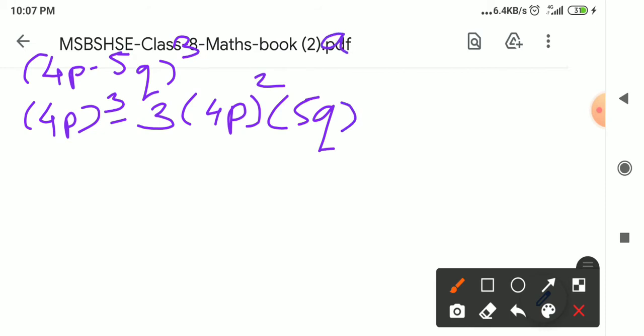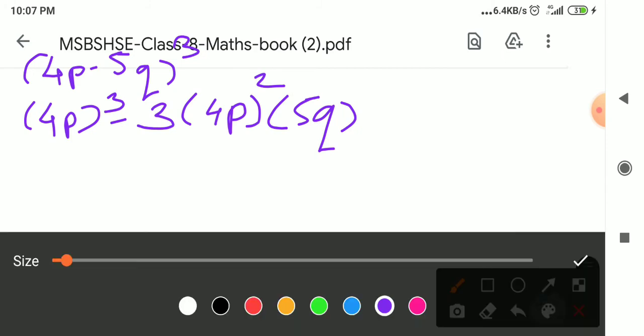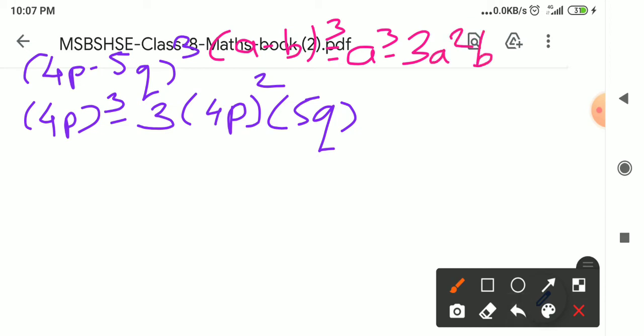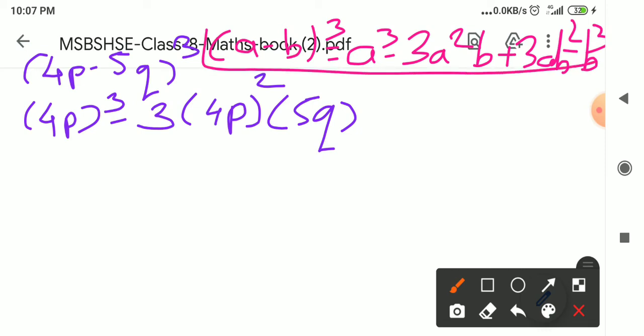I will write it here with different colors so you will understand it. (a minus b) cube is equal to a cube minus 3a square b plus 3ab square minus b cube. You have to learn this formula, which we are using while solving the example.